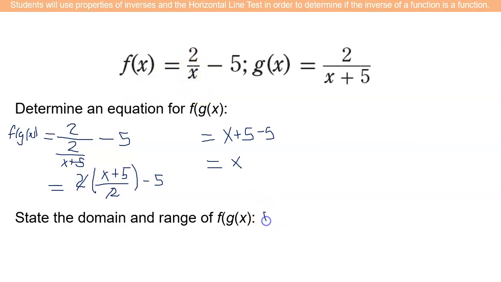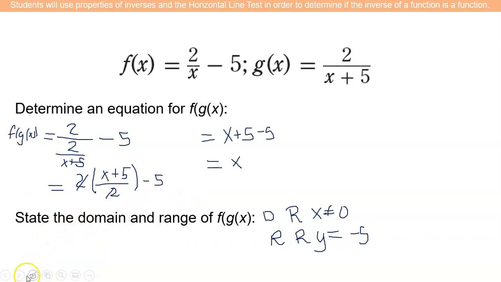So our domain would be all real numbers, but x does not equal 0. And what's our range? Our range would be all real numbers, but y does not equal -5.